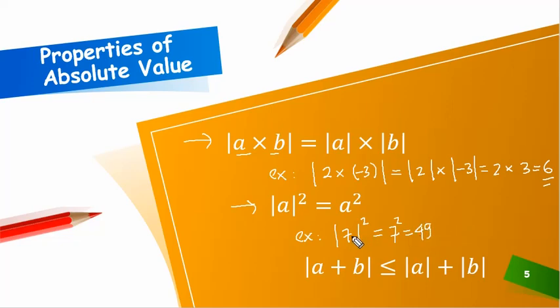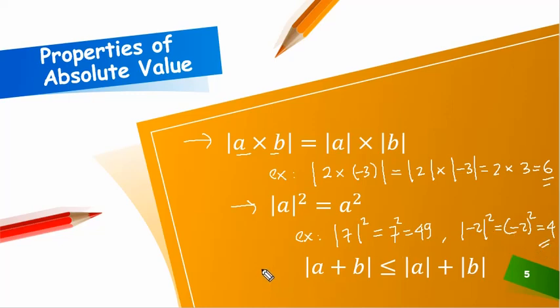Even though the number is negative, let's say another example, -2 squared, it's just the same as -2 squared, which is 4. So they are the same.